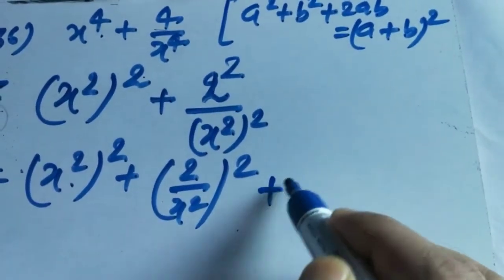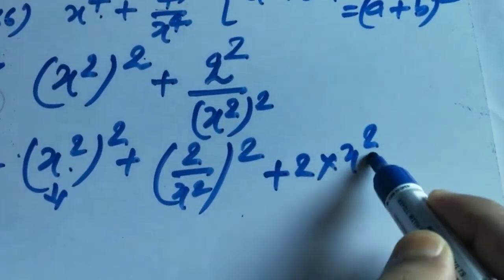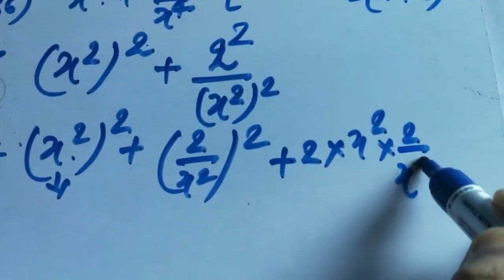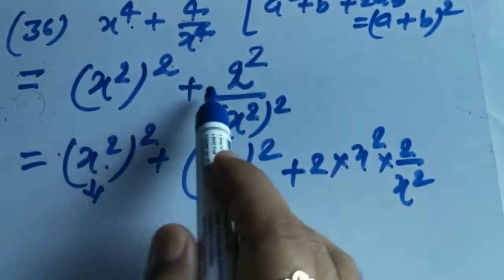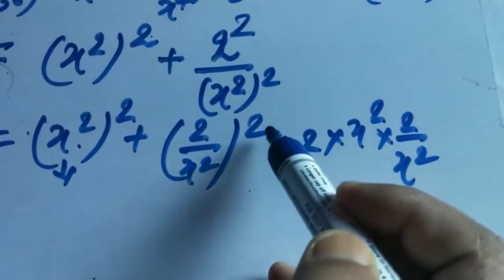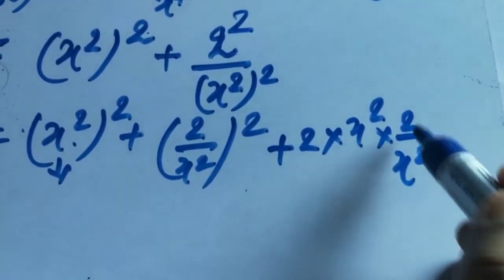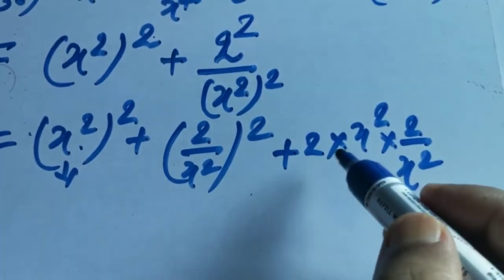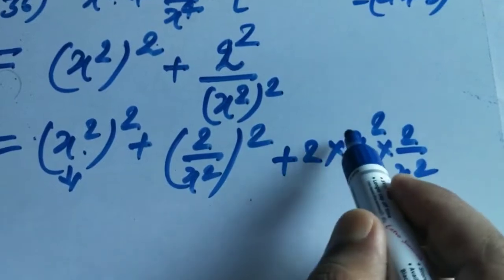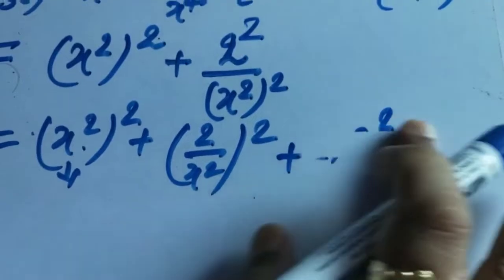So write here 2, at the place of a you have to write x square, at the place of b you have to write 2 upon x square. After this there was no term, there is no term after 2 upon x square the whole square, but we have written here 2 multiplied by x square into 2 upon x square. This was written by our own choice here, it was not there. This x square and this x square will cancel, what remains? 2 times 2 is 4.